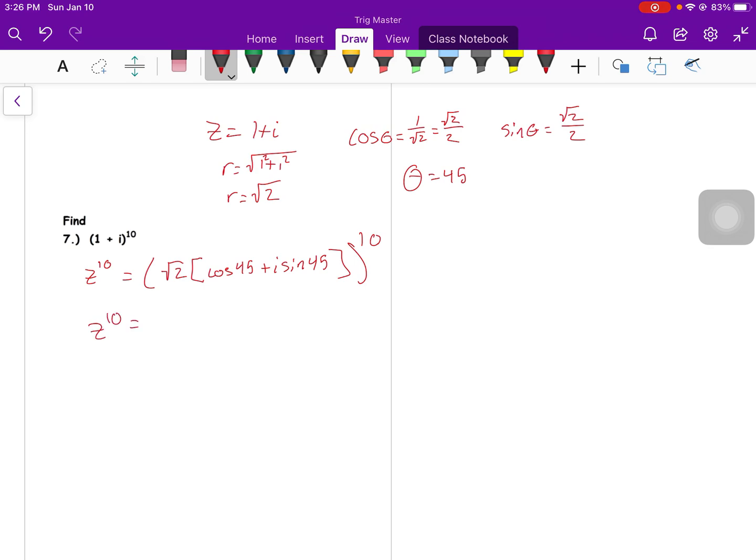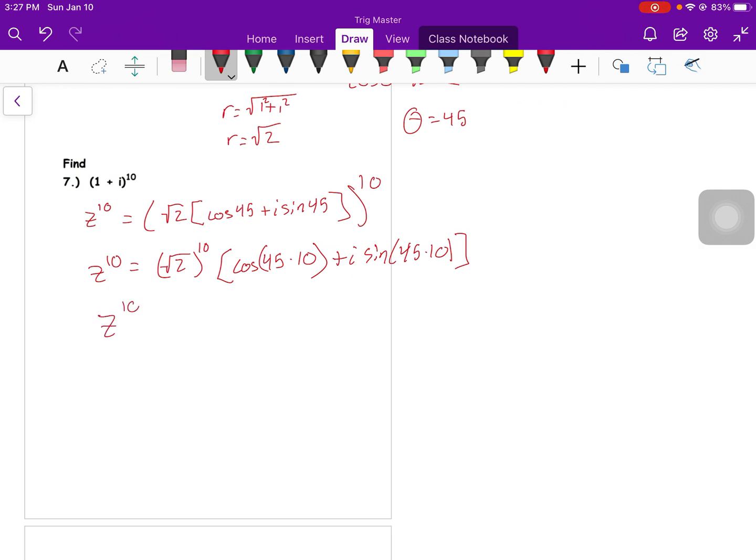De Moivre's theorem tells us that that becomes square root of 2 to the 10th times cosine of 45 times 10, or 10 times 45, again, multiplication, that order doesn't matter, plus I sine of 45 times 10.